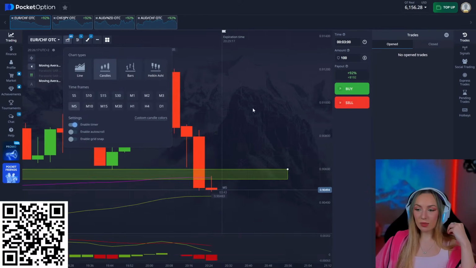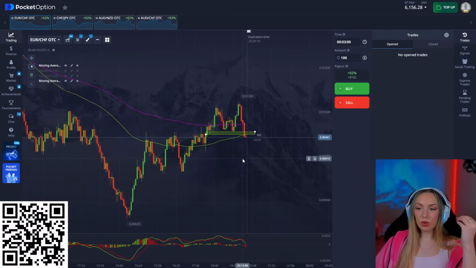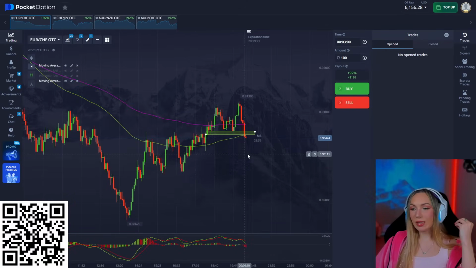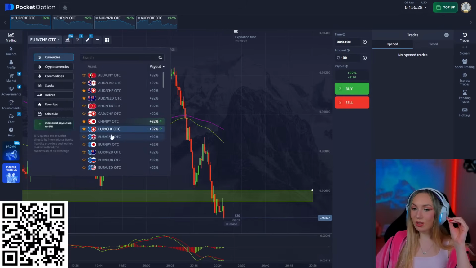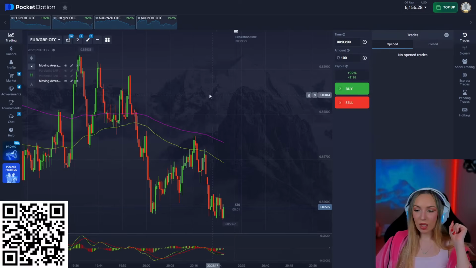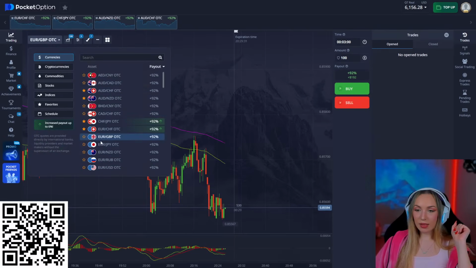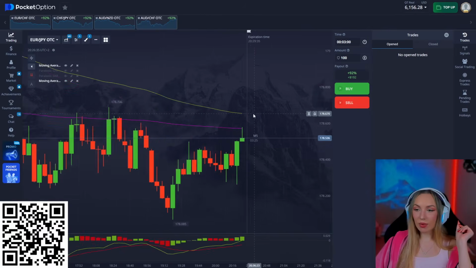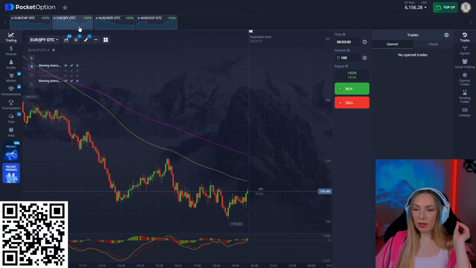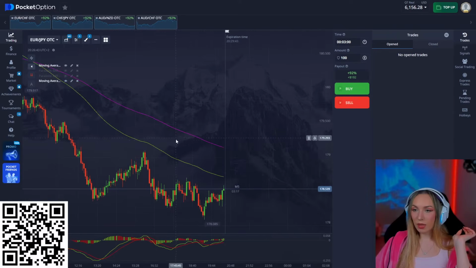Euro/CHF seems like it's breaking my support. As I told you, this one is moving kind of chaotically. That's why I also wasn't in too much of a rush to open the trade here. Let's maybe check something else. Maybe we'll find something with a clear structure, like, what was it, CHF/JPY, AUD/CHF maybe.